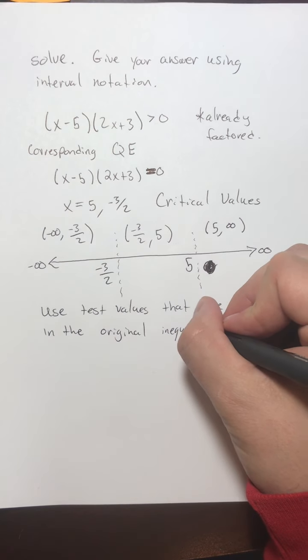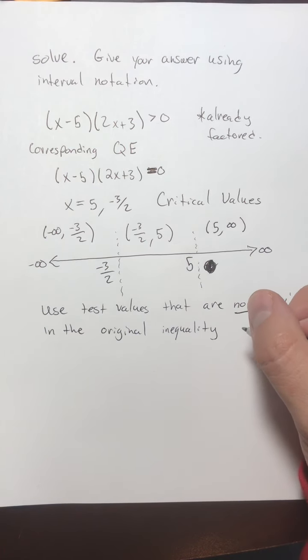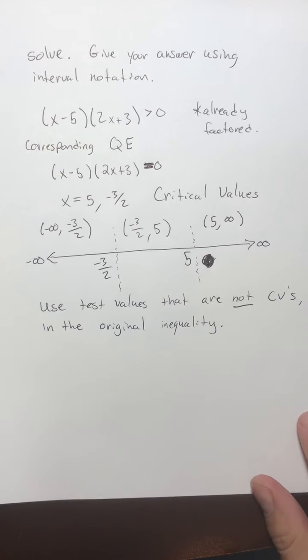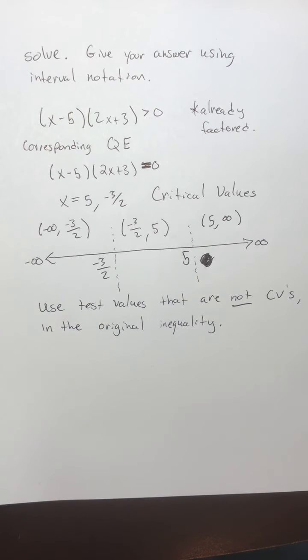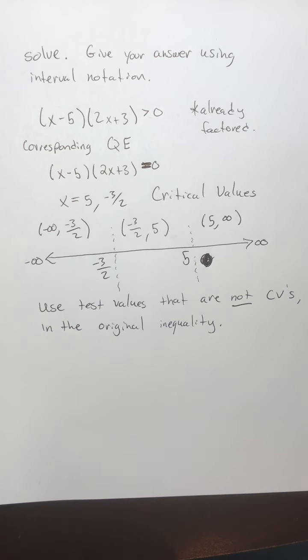So all we need to do is pick a test value from each interval, test that in the original inequality, and that'll determine if that interval is part of the solution. It is important to note that critical values cannot be test values.